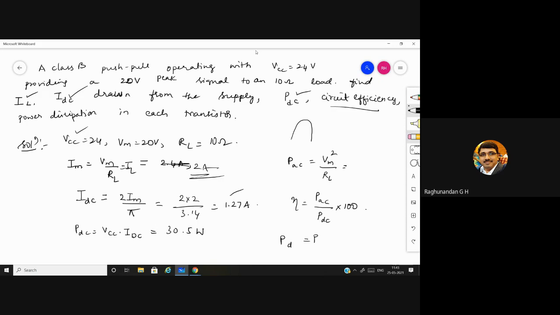So power dissipation is PDC minus PAC. So what is PAC? 40 watts. Okay. So efficiency.